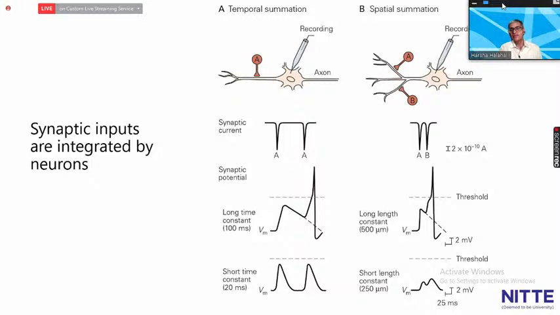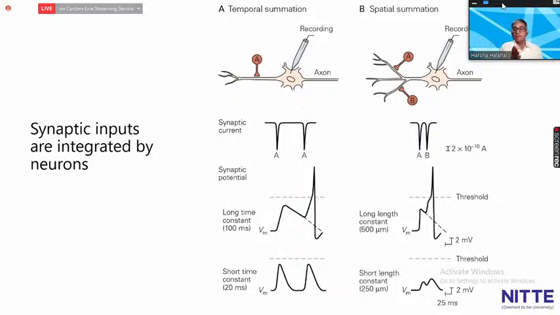If you have two excitatory inputs given one after the other within a very short interval, the postsynaptic neuron adds them together to form a bigger response, and therefore a higher frequency of action potentials. This is called temporal summation. Similarly, two synaptic inputs which are spatially close together on the same neuron can be integrated through spatial summation, leading to larger local responses and ultimately to higher frequency action potentials.